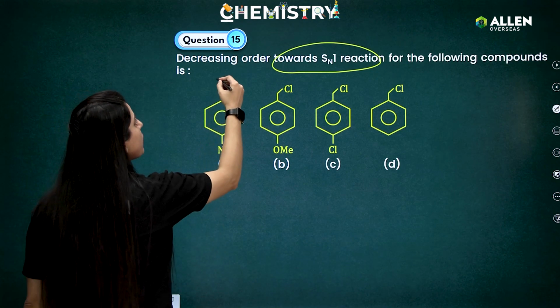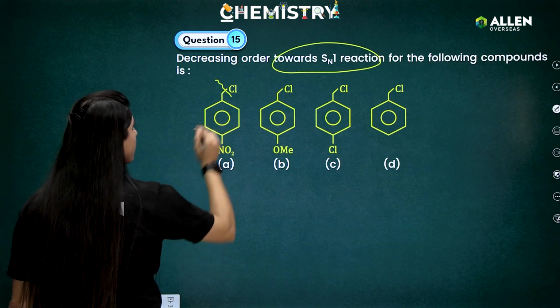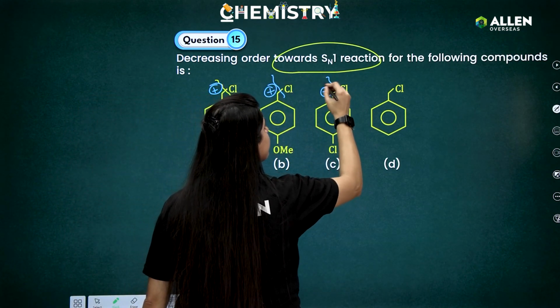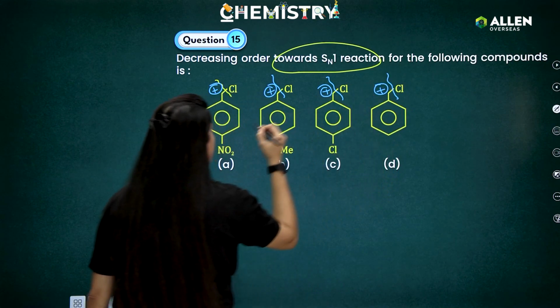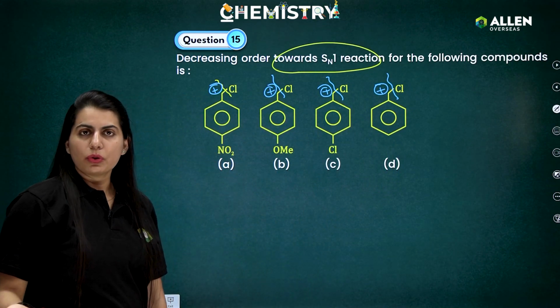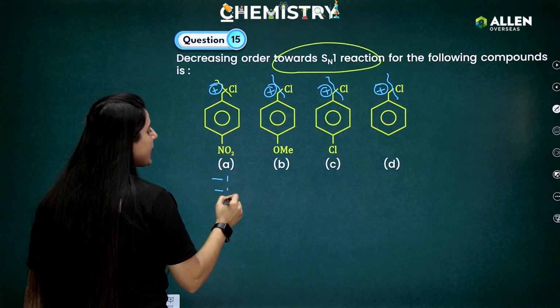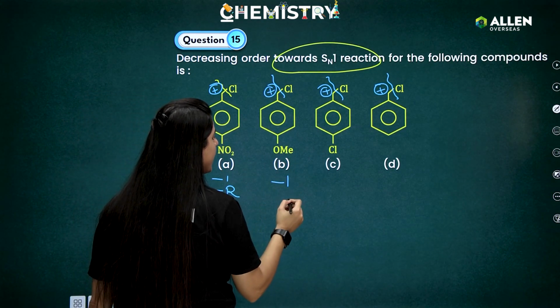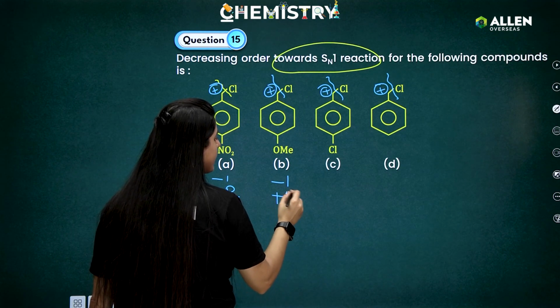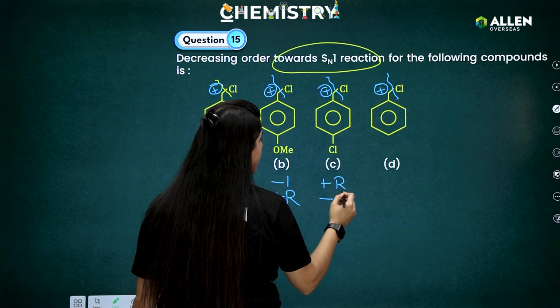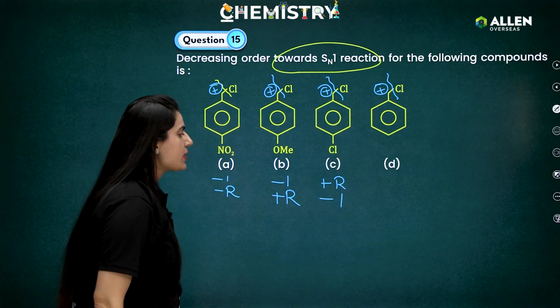So when I remove the chlorine, I'm getting carbocation formation in each case. And I need to see whether these groups are helping the carbocation or not. So nitro is -I -R, methoxy is -I and it is +R, chlorine is +R -I, and there is no such group attached here.